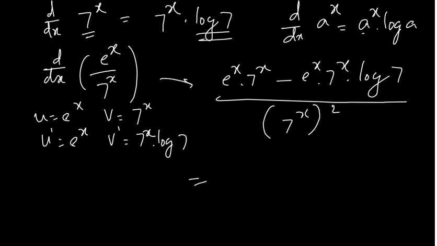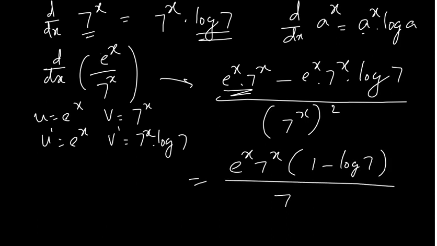So that gets simplified. You have this in both the cases. So I take that common. Then you have 1 minus log 7 divided by 7 to the power of x. Square, whole square becomes 7 to the power of x into 7 to the power of x. It's a 2x. So that's the final answer.